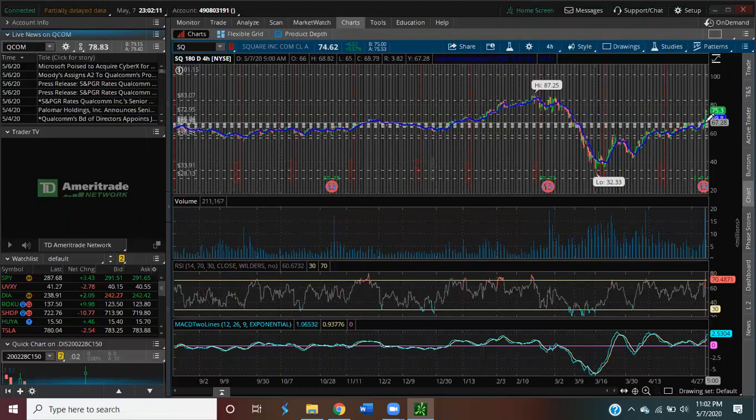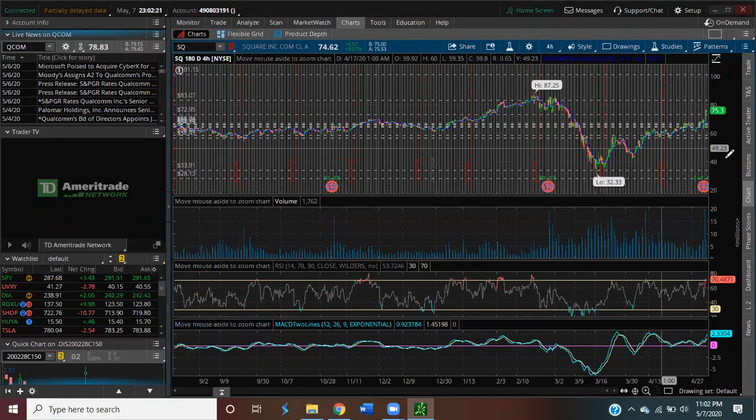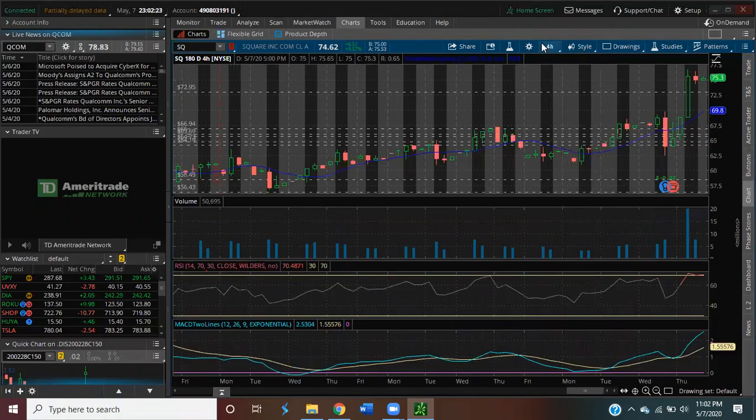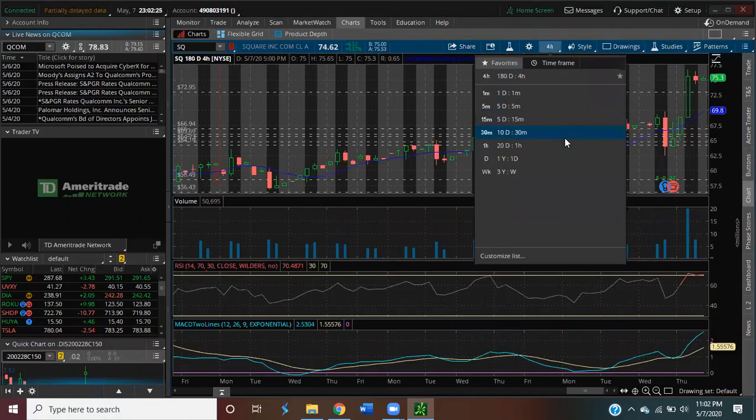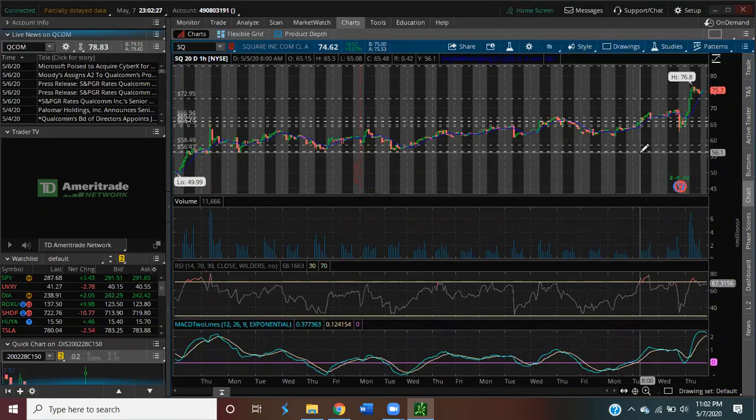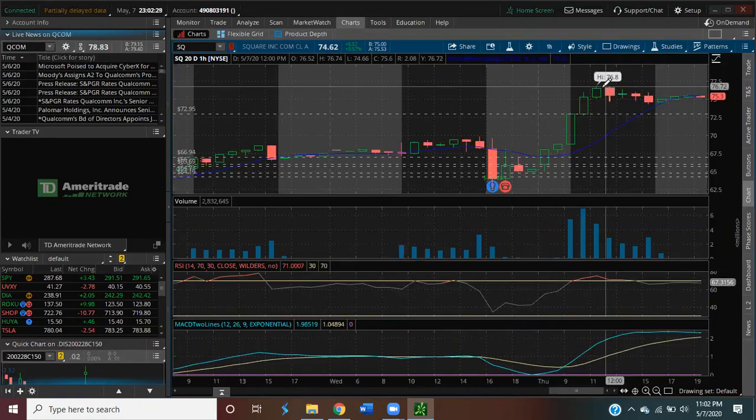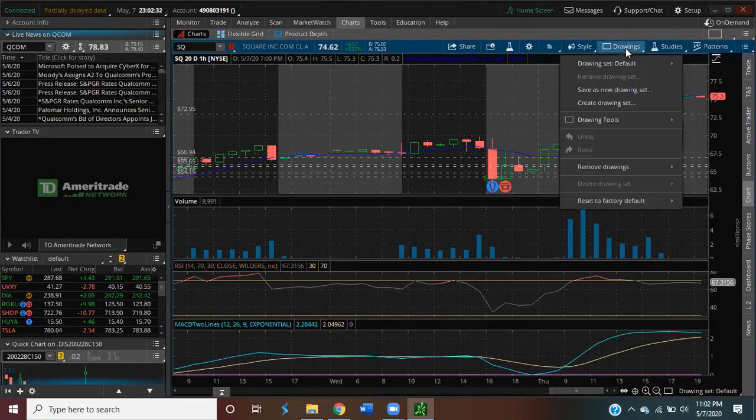So they may push up tomorrow, but I don't expect them to keep pushing up for 2-3 more days because Square just doesn't do that. So they might push up tomorrow. It looks like they're forming a bull flag, honestly. Yeah, they are. They're forming a bull flag right here, right now.